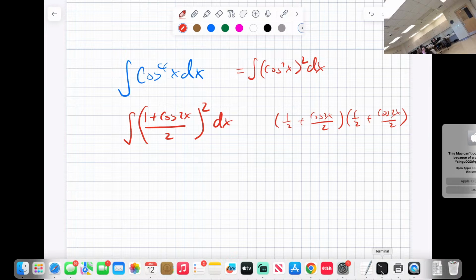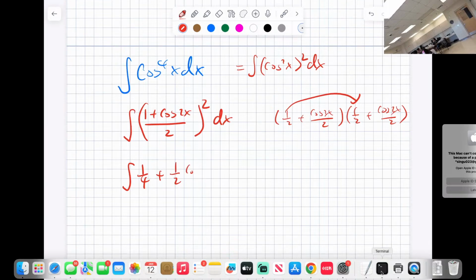There's only a small tiny thing you have to work on: this one becomes 1/4, because 1/2 times 1/2 is 1/4, right? What's 1/2 times cosine 2x over 2? Plus 1/4, right? But it's 1/4 plus 1/4, so it's 1/2 cosine of 2x. Then plus cosine squared of 2x dx.